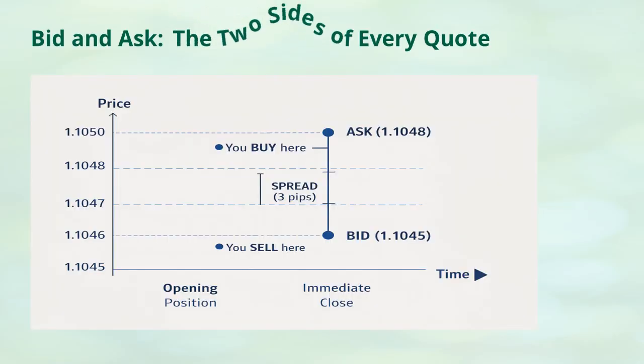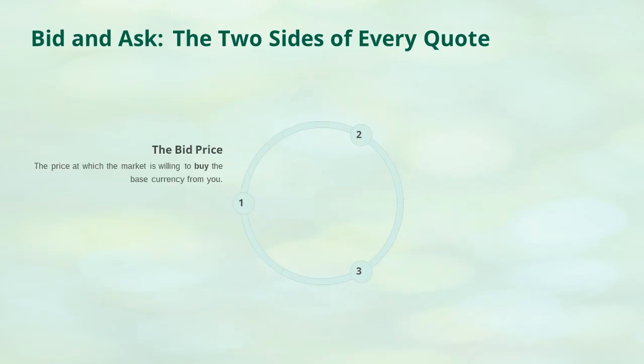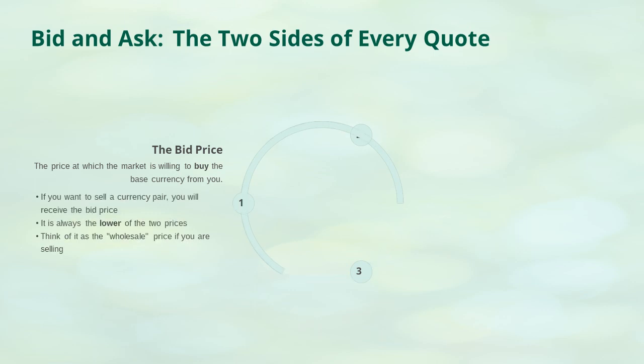Now, let's look at the two sides of every quote. This is fundamental to understanding how you enter and exit trades. Every currency pair quote has two prices, the bid and the ask. The bid price is the price at which the market is willing to buy the base currency from you. If you want to sell a currency pair, if you're going short, you will receive the bid price.